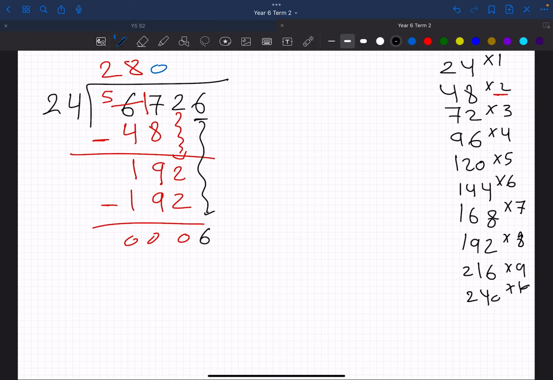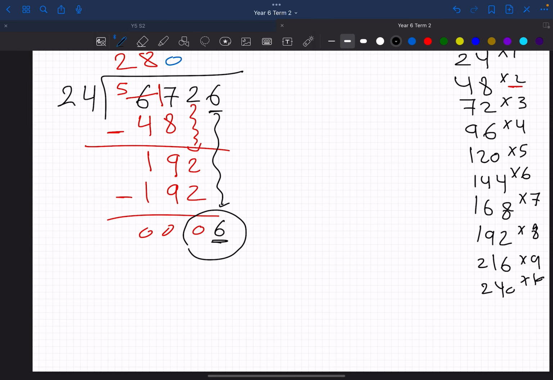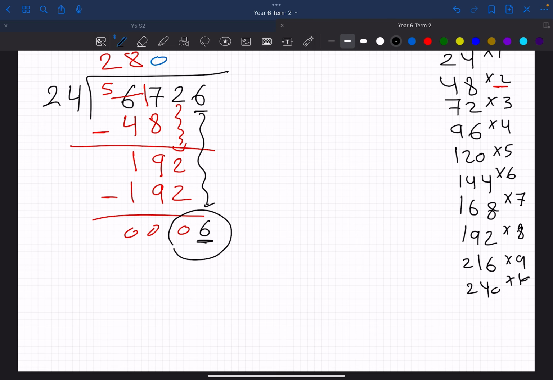If you wish to add 0 here, point here, and 0 here, like I taught you in the class, okay. If you don't, don't worry, that's not coming in the test. But in the test, I would ask you to write it as a remainder, not remainder, sorry, as a fraction. So I need you to take the remainder, which is 6, and write it as a fraction. How? You take the remainder as a numerator and the divisor as denominator.